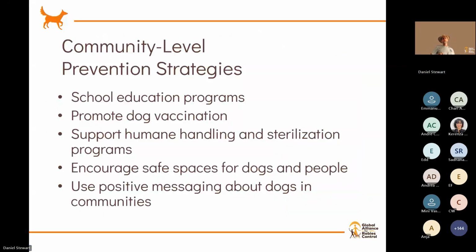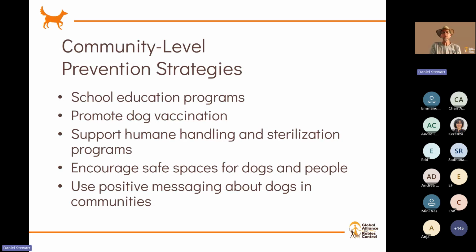So we've now gone through a whole bunch of things saying, what can we do to prevent dog bites? But hold on a minute, that's with the dog. What about a school education program? What about promoting dog vaccinations? Now, a lot of you are going to say, yes, but a vaccinated dog is not actually a dog that's going to stop biting. Well, actually, I disagree.